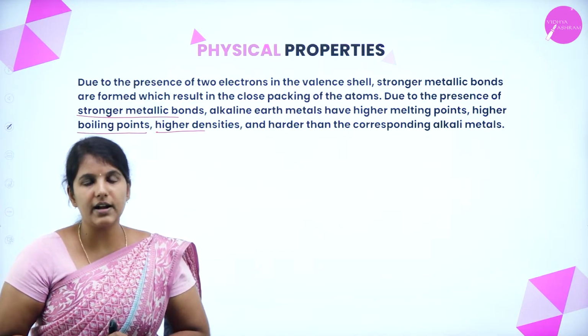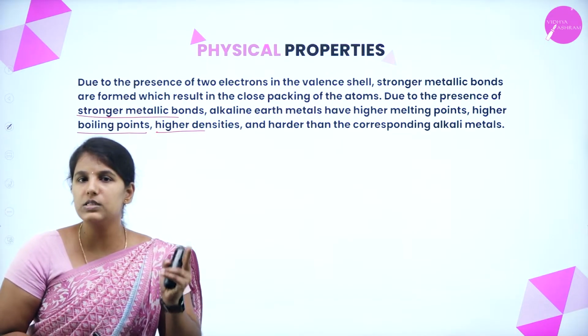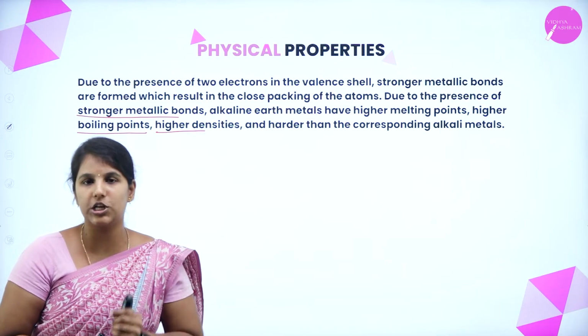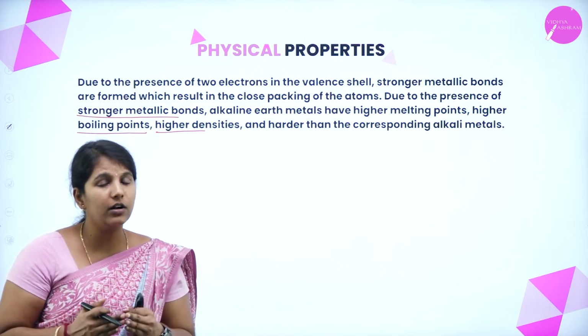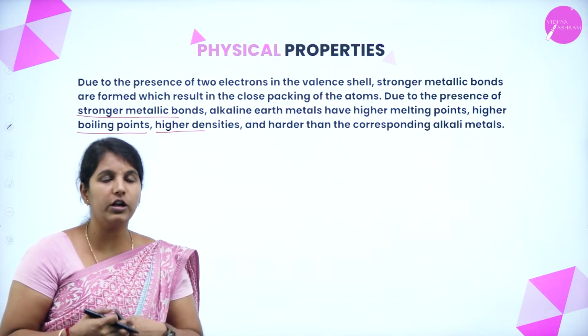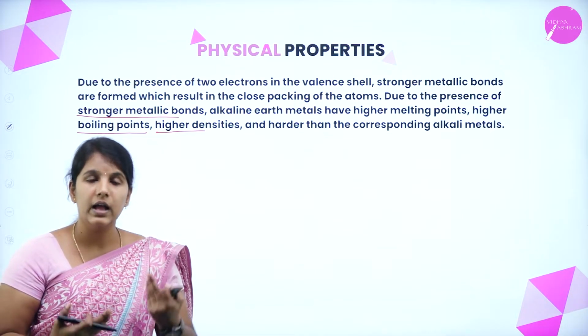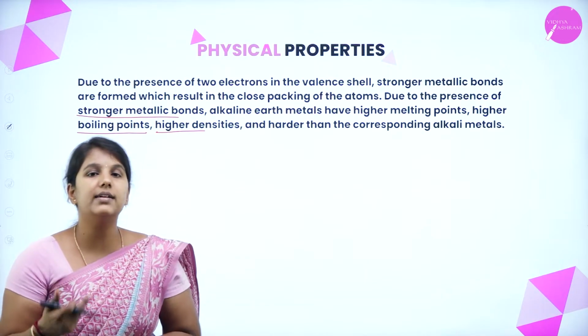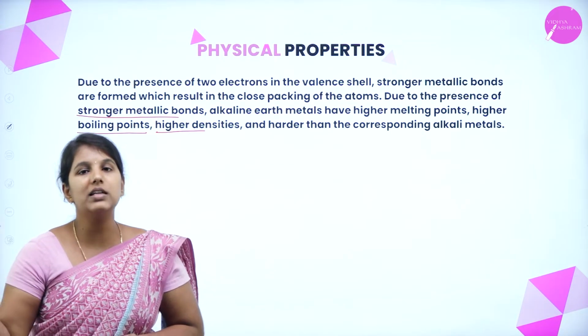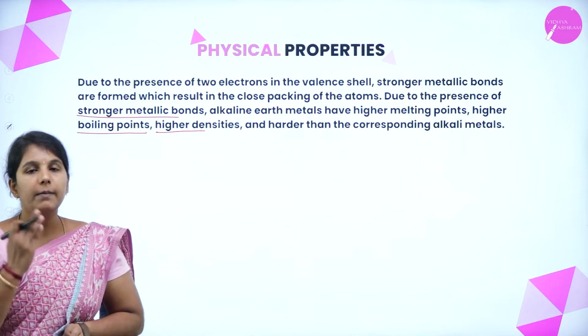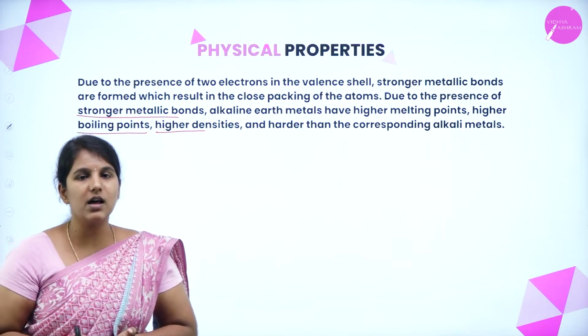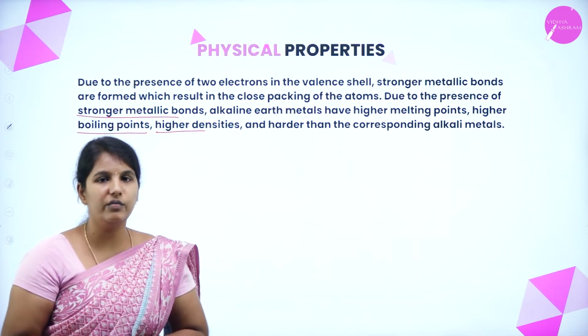As we have already understood, there are 2 electrons present in the outermost shell. Because the 2 electrons are readily available for bonding, they form a stronger bond. Hence, their melting point will be high, their boiling point will be high, and the density is also very high compared with the group 1 elements, because group 1 elements carry +1 as the valency.